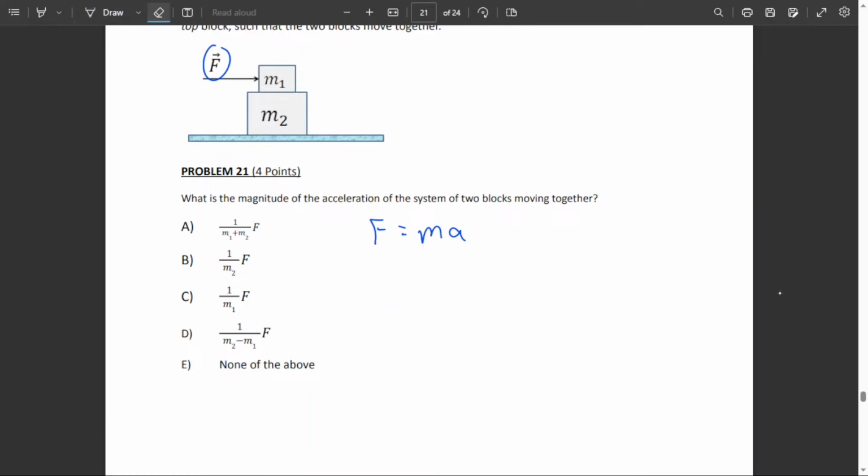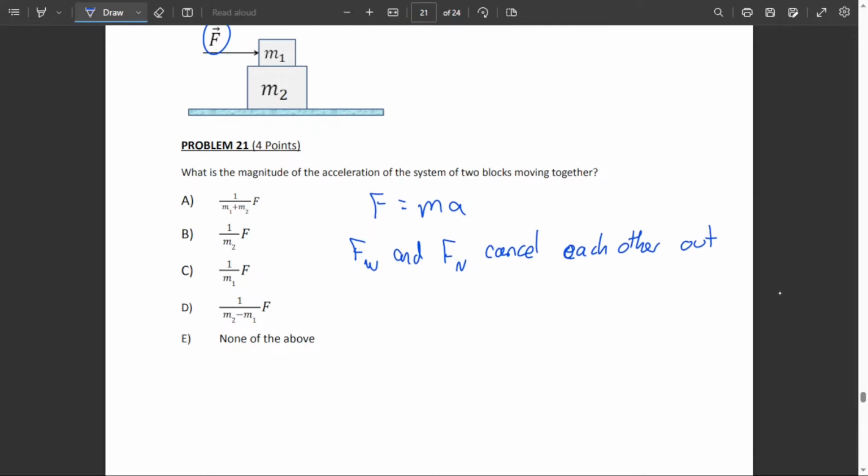So let me write that out. F net is the same thing as F, which equals the total mass of the system times the acceleration.